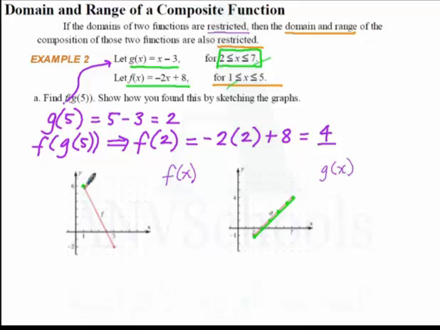If our x is equal to 2, then our f of x would be equal to 4. Now if it's 3, it would be 2. If it's 4, it would be 0, as could be found here. And if our x is equal to 5, then our f of x would be equal to negative 2.